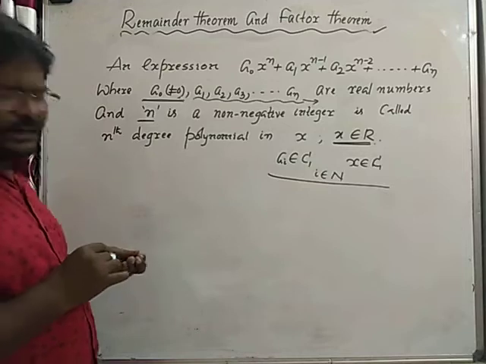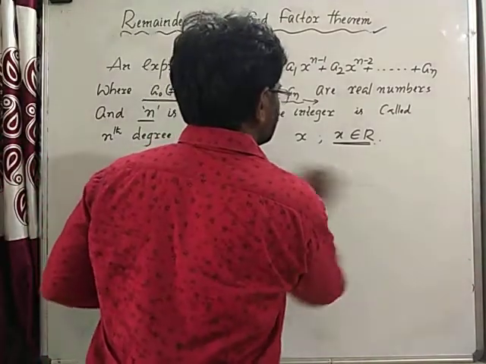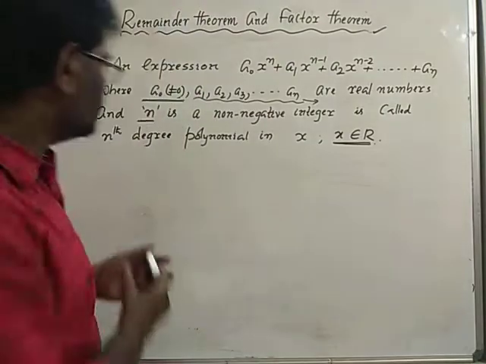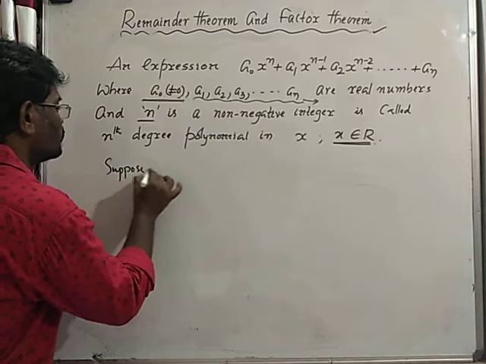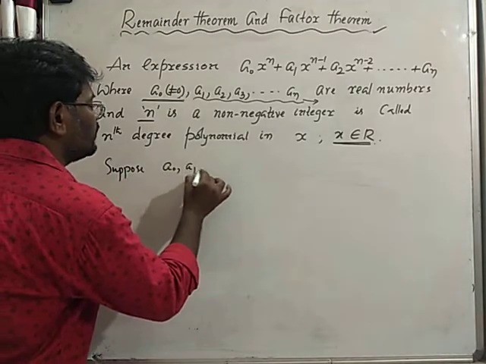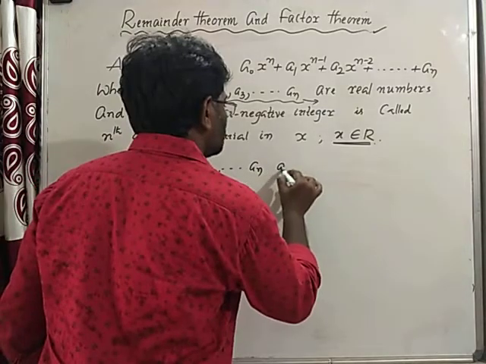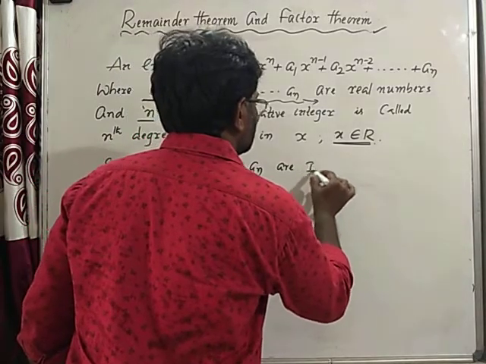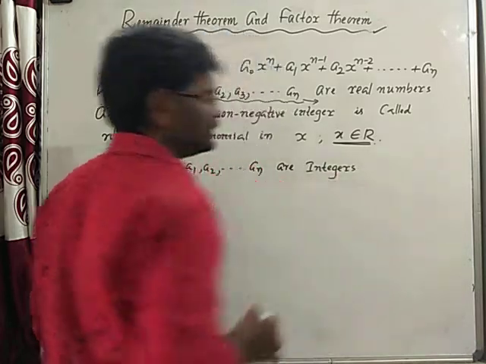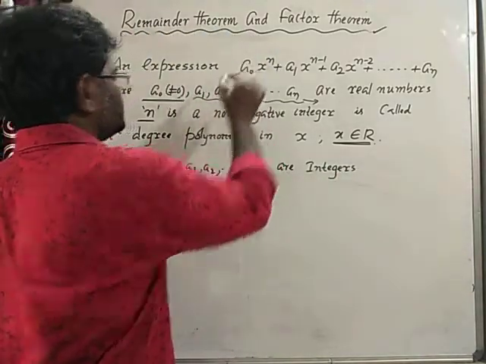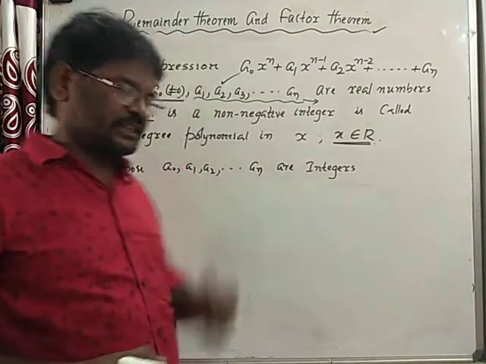See, but in our case we are going to discuss, suppose a naught, a1, a2 and so on an are integers, then this polynomial is called rational integral function.